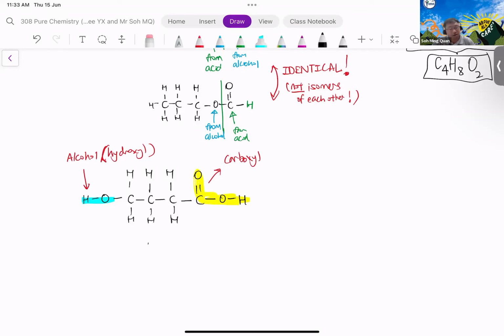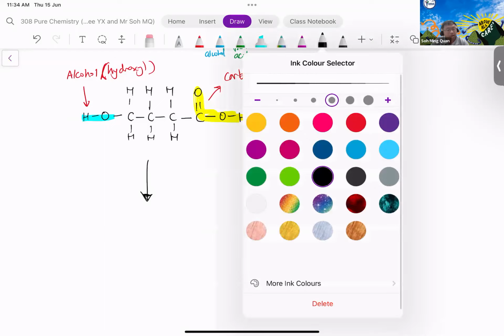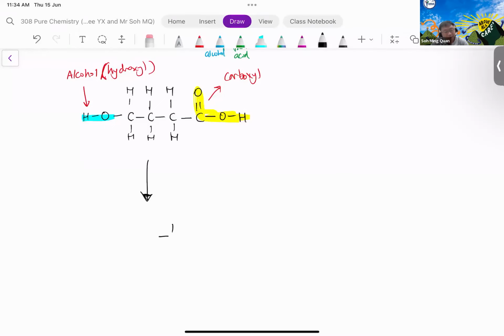There are 2 possibilities. The first possibility is that maybe they can react with other molecules of itself. For example, this carboxyl group can react with the alcohol group of another molecule. So let's draw that. This carboxylic acid highlighted in yellow can react with the alcohol of the other molecule.